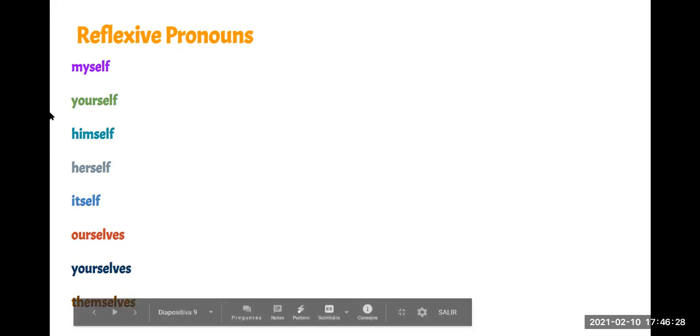So what is the personal pronoun that replaces María y Santiago? They, right? If I have my family and I, we, right? So if we have names in the sentences, we have to try to replace them with a personal pronoun. So in this way, we can find the correct reflexive pronoun.